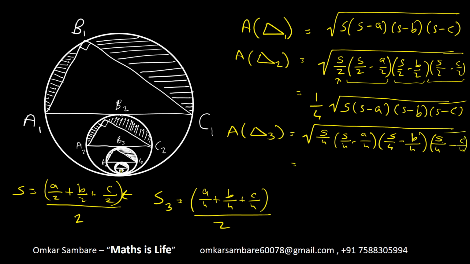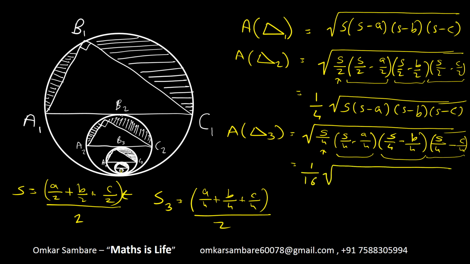And again we can take 1 by 4 common from each of these terms, which means there are again four 1 by 4, that is 1 by 4 raised to 4, and after simplifying we can take 1 by 4 raised to 2, that is 1 by 16, as common outside the square root.